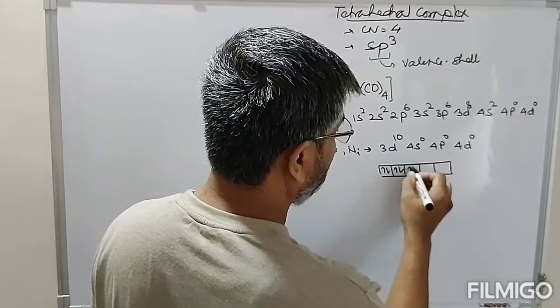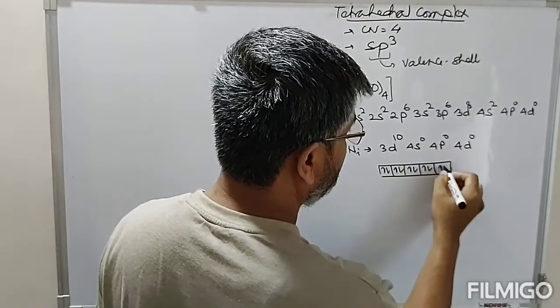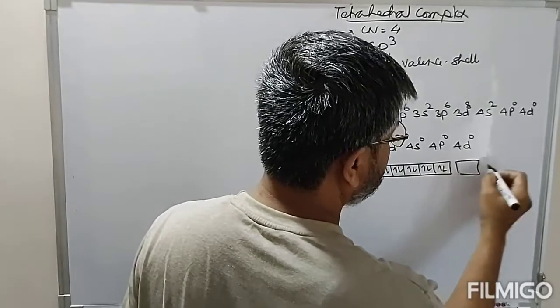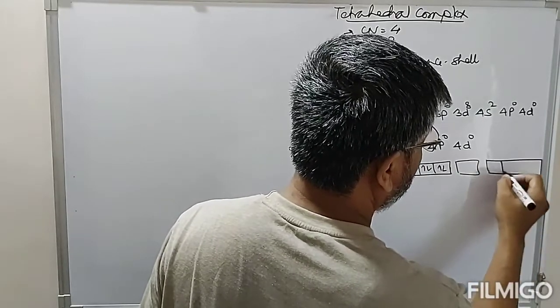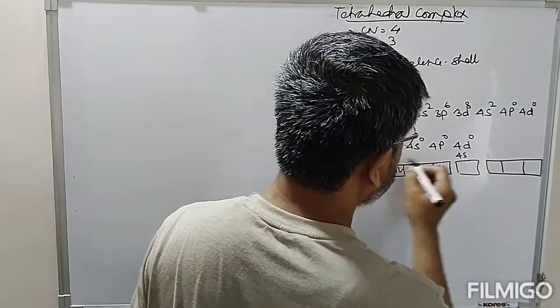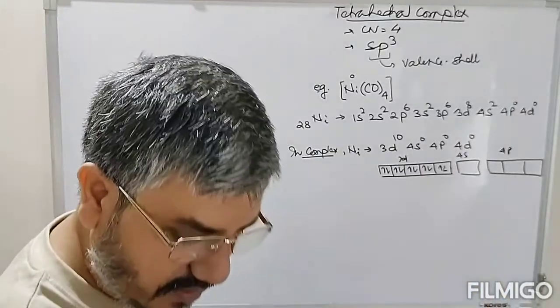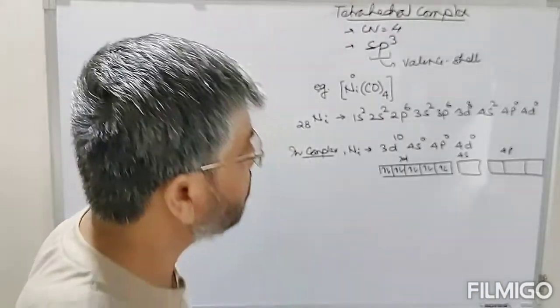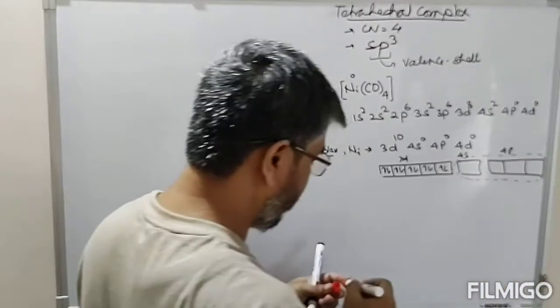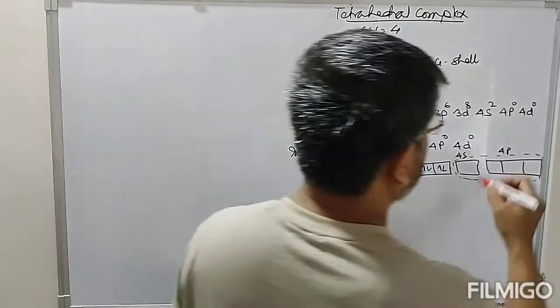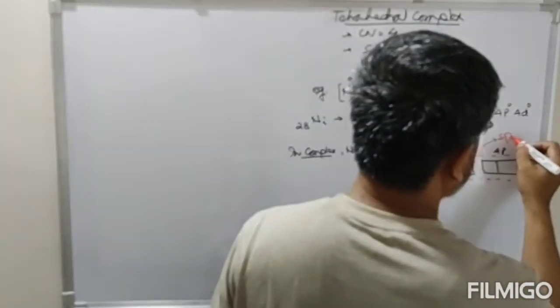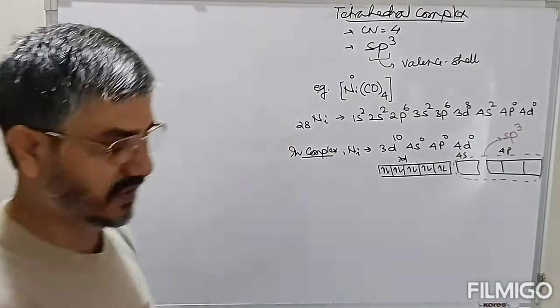So we have 3d10, 2, 4, 6, 8, 10. Then we have 4s. Then we have 4p. This is 4s, this is 3d, and this is 4p. Now this 1 4s orbital and 3 4p orbitals undergo intermixing to give you 4 equivalent sp3 hybrid orbitals.